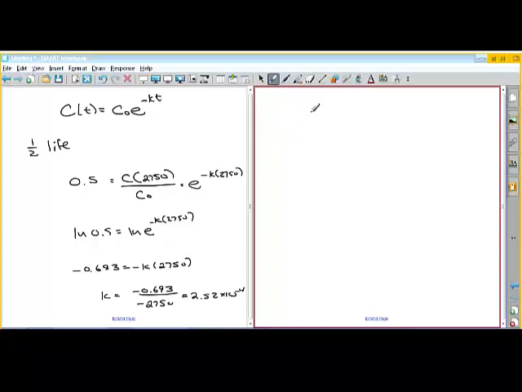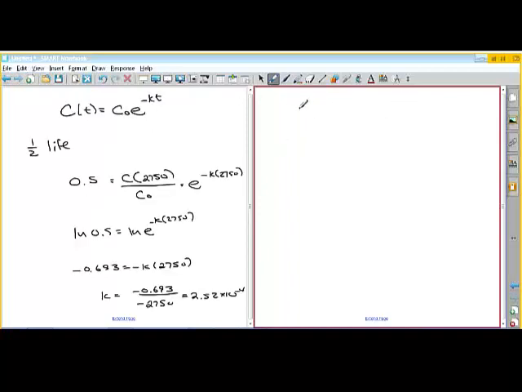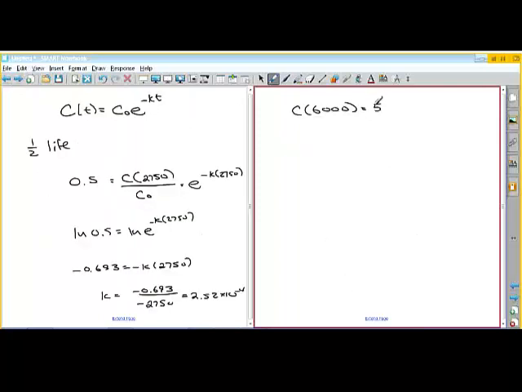So now I know k. The second thing is I knew that at 6,000 years, C of 6,000 equals 5 milligrams. I'm just going to put it in milligrams, 5. So C of 6,000 is 5. I don't know what the initial amount is, so that's what I'm going to solve for next.